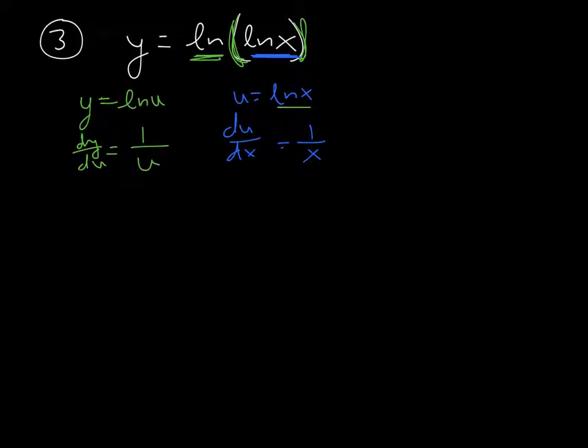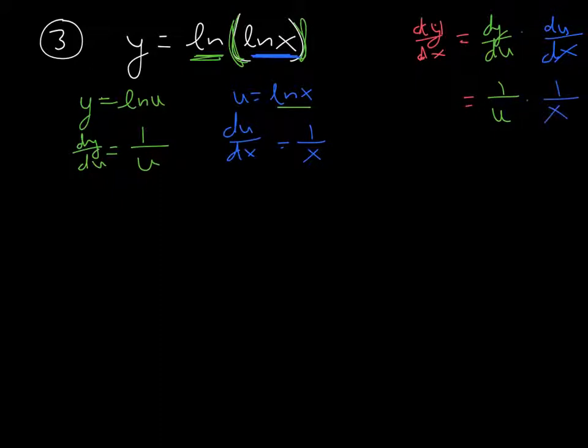So when I write this out, of course, going back to my chain rule, dy dx is equal to dy du times du dx, which gives me dy du is 1 over u, du dx is 1 over x.